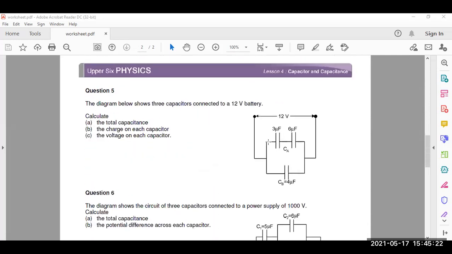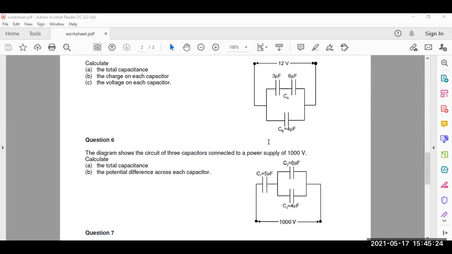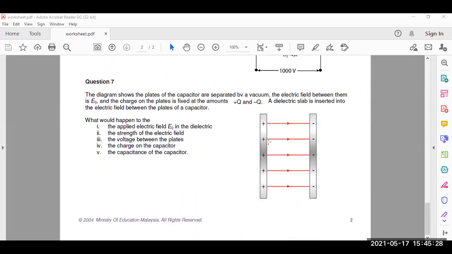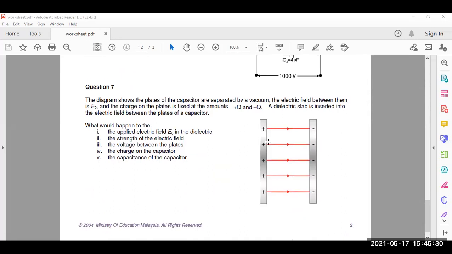Next page, question 5, question 6, and also question 7. 7 questions of exercise. So ladies and gentlemen, please solve it now, and we will end today's lesson.